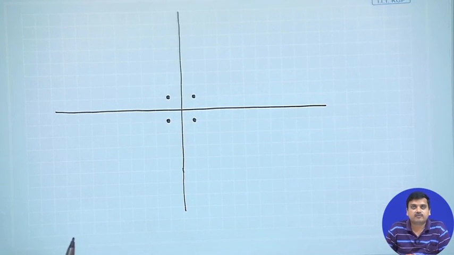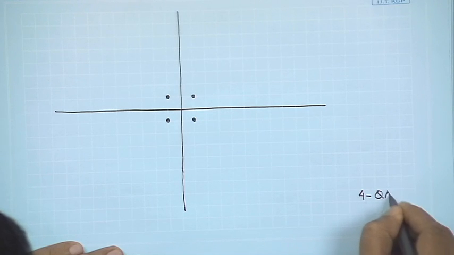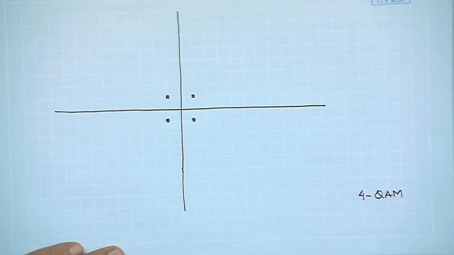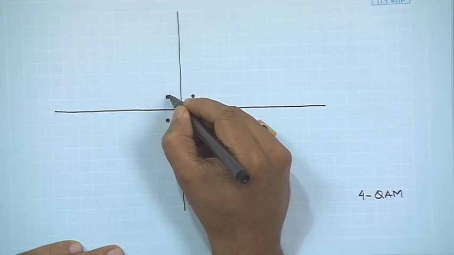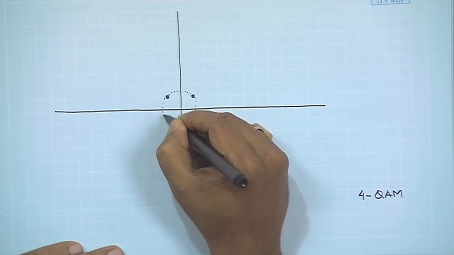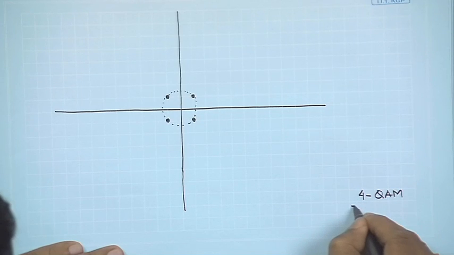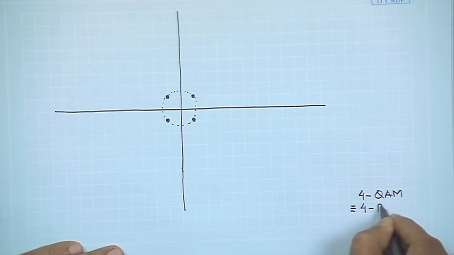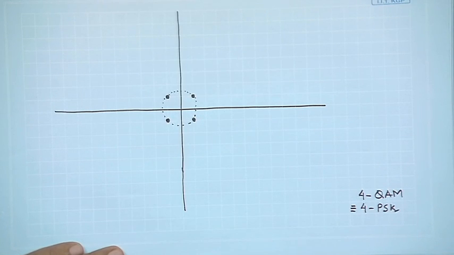Clearly, what I have created is a constellation with 4 constellation points. So, I would call it 4 QAM, as well as you could claim that this is 4 PSK. Right. So, this is simple.